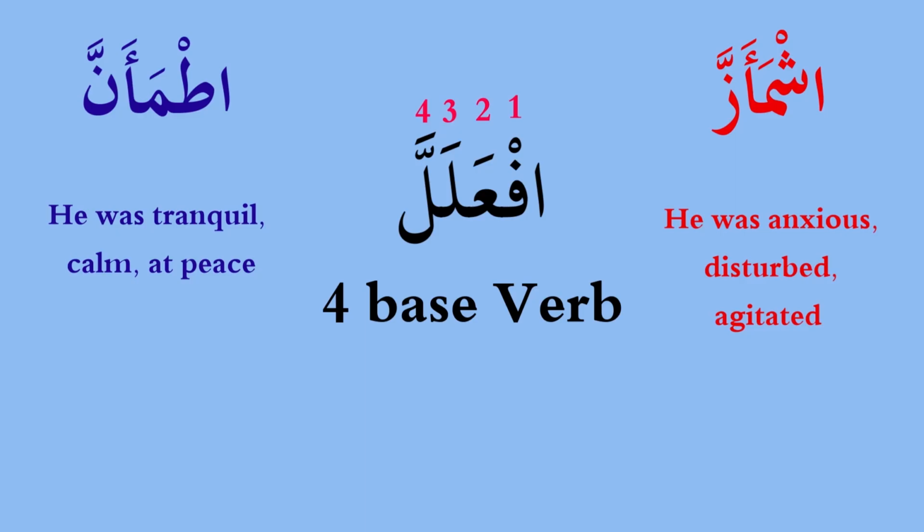There's something quite remarkable about the Arabic language, which is the letters that a word is composed of. So let's look at this. If we look at both of these words, we'll notice that the second and third radical are the same. It's the mim and the hamza. What's different about these verbs is the first and last letter. So we have, for example, in ishma'azza, the sheen.